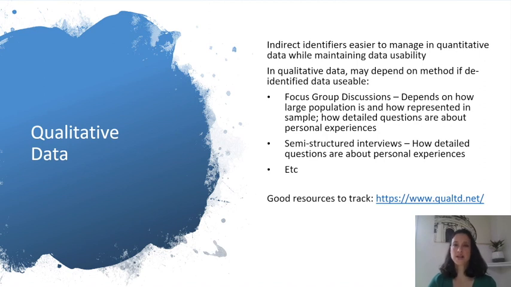In qualitative data, such as focus group discussions and semi-structured interviews, the richness and usability of this data is inherently tied to the identifiability of the data. And at least in my experience at MCC, we've almost universally made the call that it's usually not feasible to limit disclosure risk within qualitative data and retain its usability.